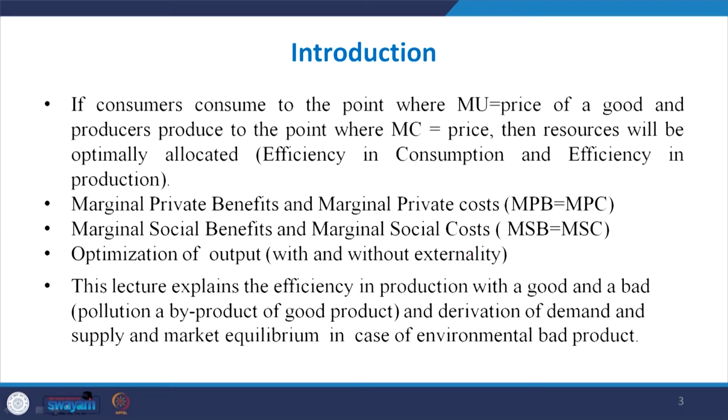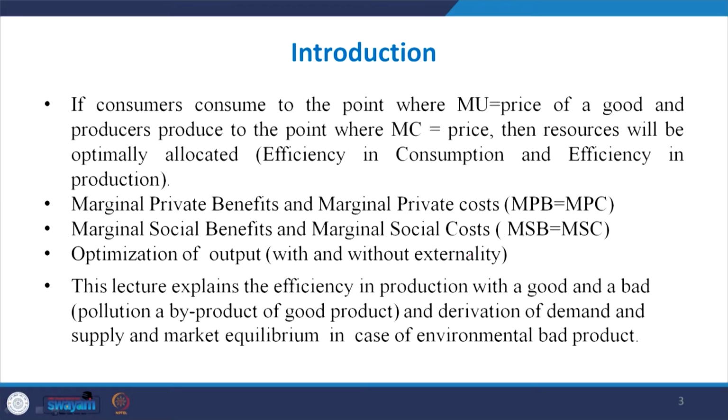But marginal social benefits and marginal social cost are equally important, especially in the context of the welfare of the consumers when a company is producing good product as well as releasing different kinds of waste. So, in that case externality is very important to be included.